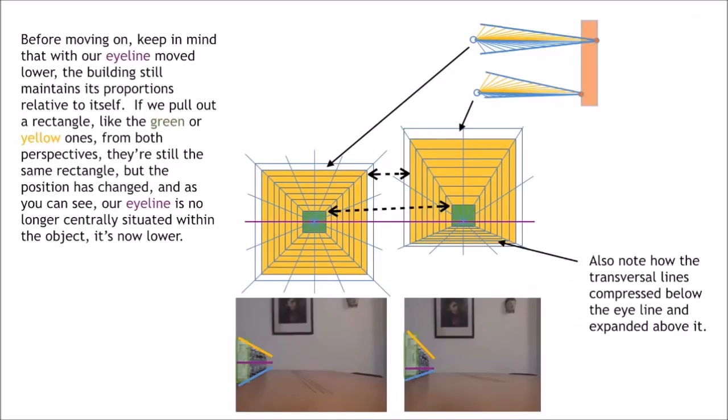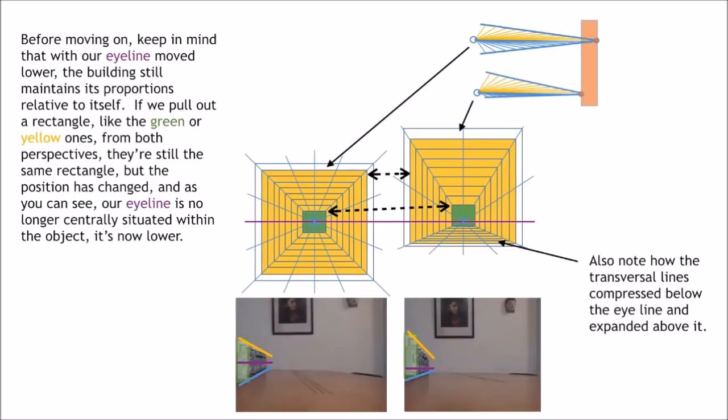So before moving on, let's keep in mind that with our eye line moved lower, the building still maintains its proportions relative to itself. So this is an important part before we move on. If we pull out a rectangle like the green or the yellow ones, let's say, so instead of the orange and blue paint, we now just pull out one yellow rectangle, and one green rectangle far away.